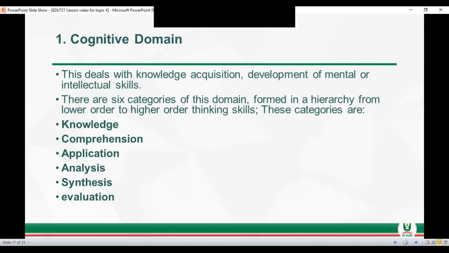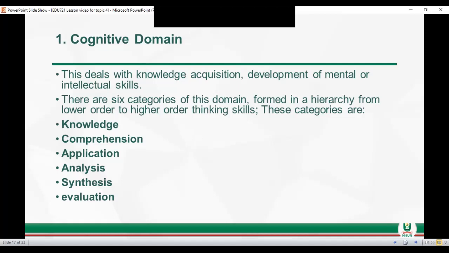The analysis category is the 4th stage in cognitive domain. It is the ability of the learners to distinguish between facts, or compare and contrast. It can differentiate between the facts that have been taught.